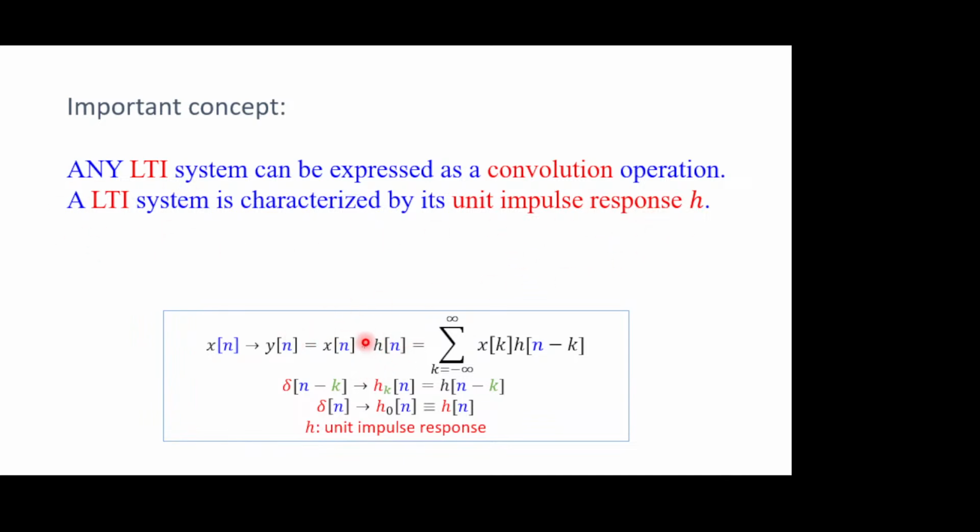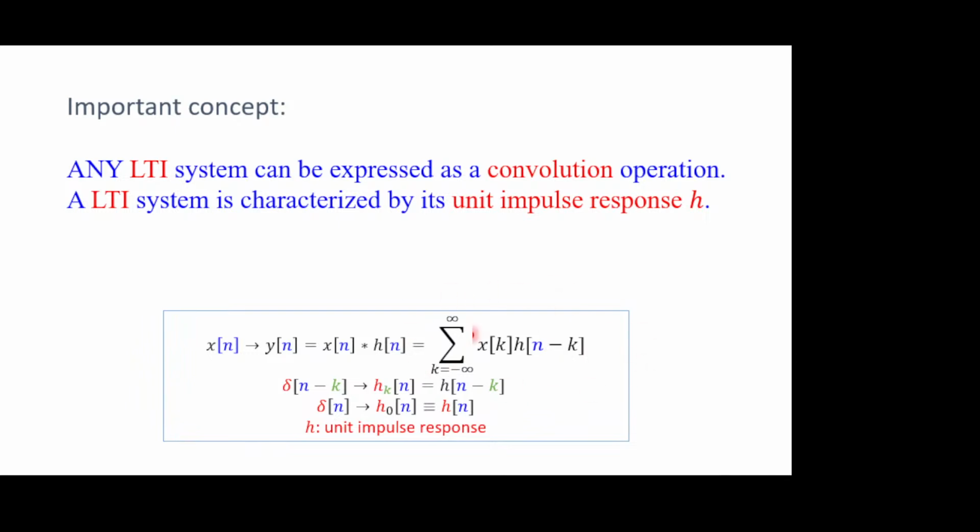So your LTI system is totally decided by this h of n. Whenever you have an LTI system, you can just write down this h of n, and it will say everything the system does. You get the input, then you can calculate the output by doing this convolution, which is doing this terrible summation.